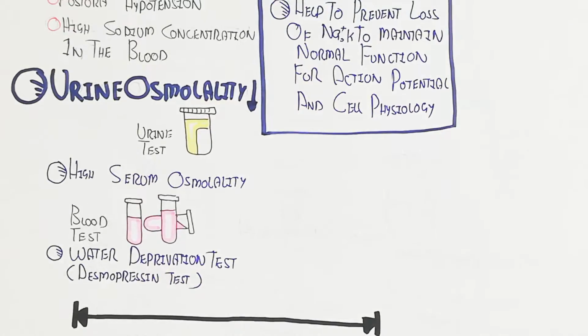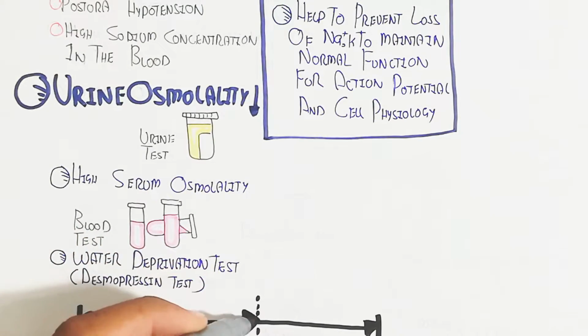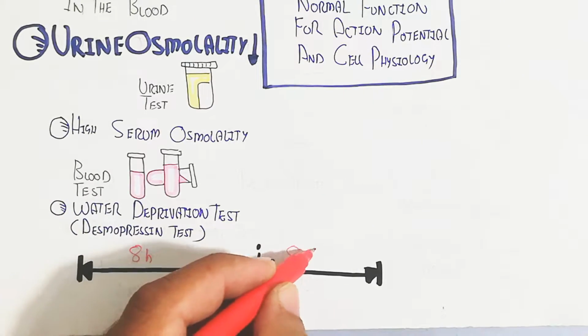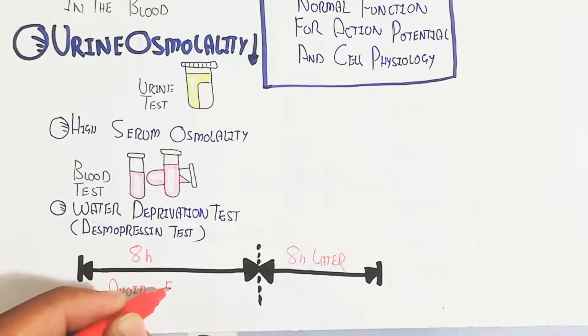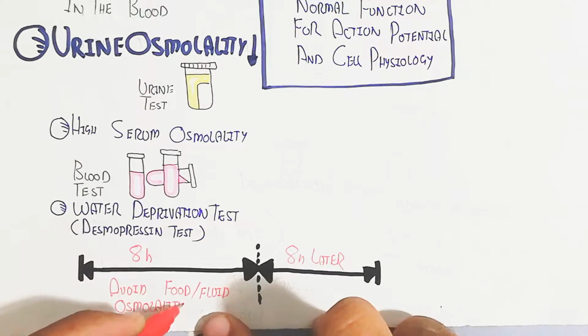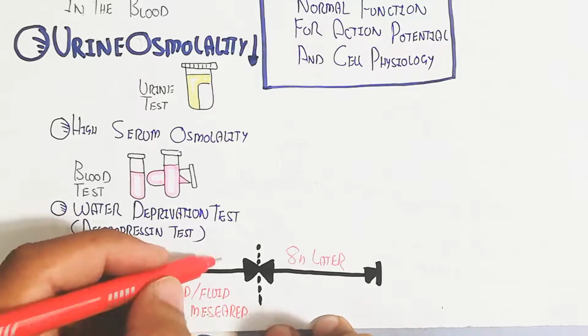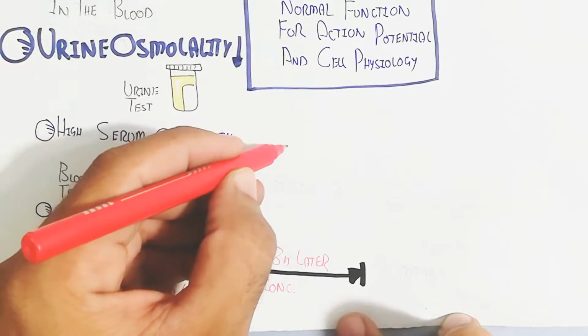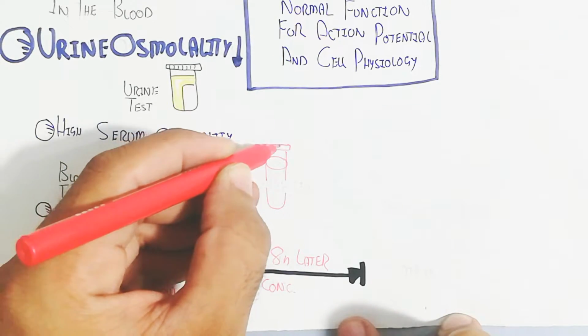We can check through an interval of 8 hours before and 8 hours after food. Before the 8 hours, avoid food and fluid, and measure osmolality. After this measurement, the serum osmolality will be high and the urine osmolality will decrease.